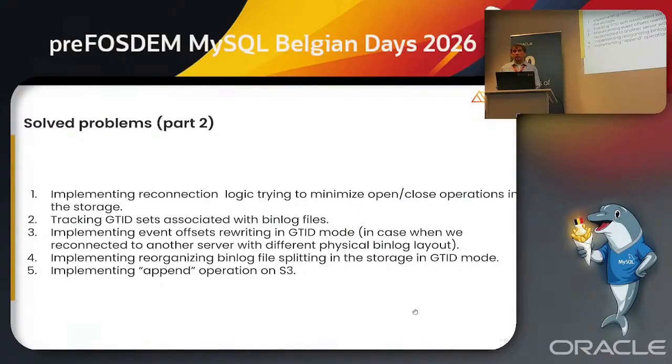There is no guarantee that on those servers binary log files were physically identical. So they could be rotating data at different points. So there is no such thing as relying on rotate events and extracting file names from there. We had to keep our own naming conventions.